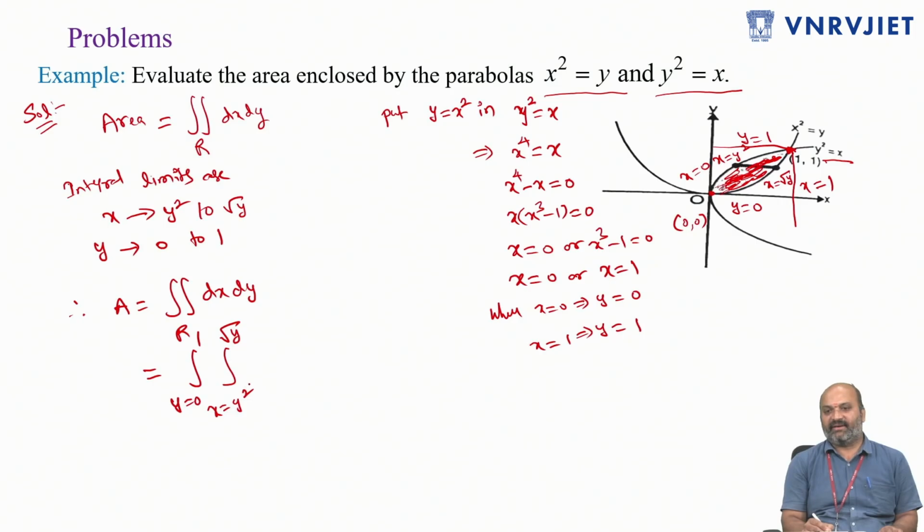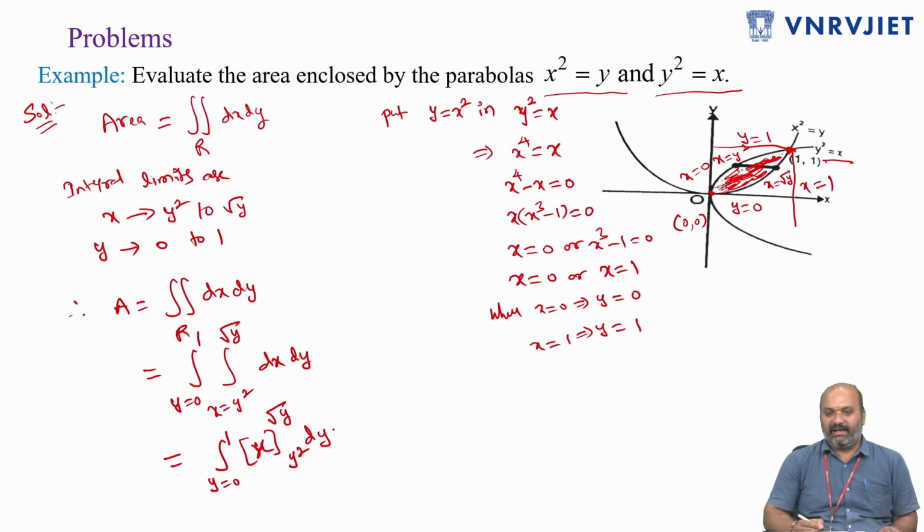Since x limits are functions of y, first we integrate with respect to x and then with respect to y. Integral of 1 dx is x, with upper limit root y and lower limit y square, into dy.